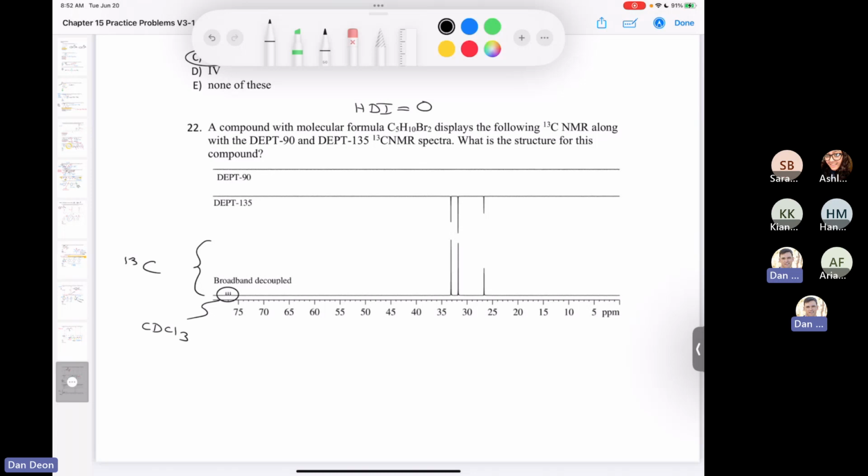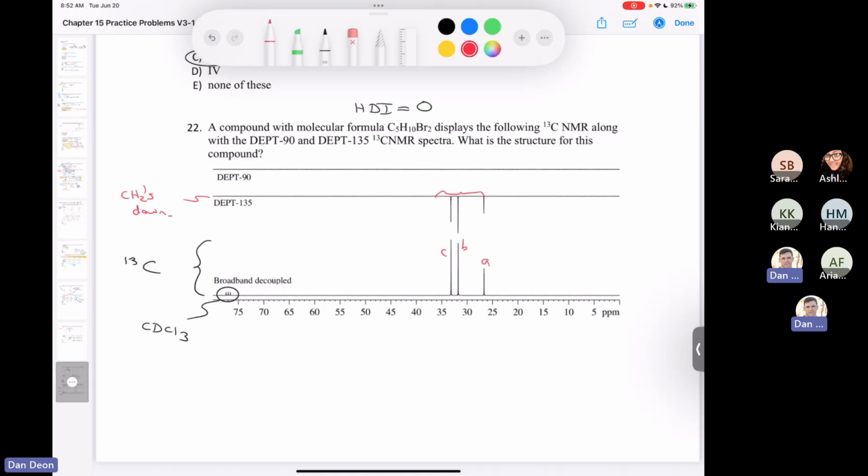But anyhow, so we see that we have a total of A, B, C. So we have a total of 3 signals in the compound. Then in our DEPT 135, remember the DEPT 135 shows all the CH2s going down, right? Pointing down. I'll put here down. And so that means that every single signal in here is a CH2, right? Because they're all pointing down.